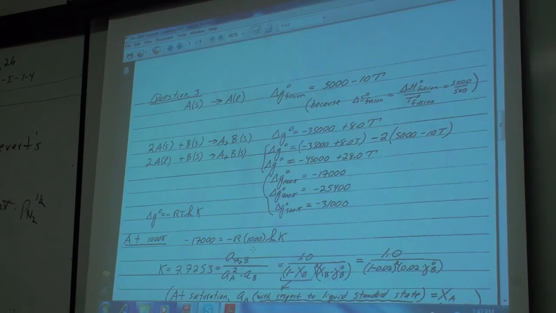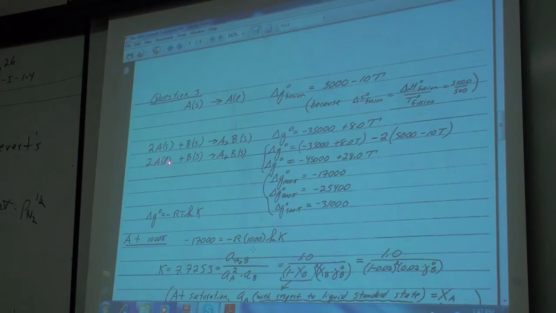Well, we have this reaction here. This reaction was given, solid, solid, solid. This is given, and this is the Gibbs energy information from the pure solids. But I want the Gibbs energy information from liquid A because, well, we'll see.